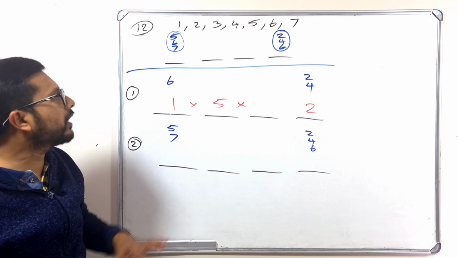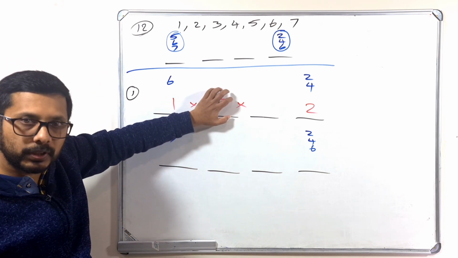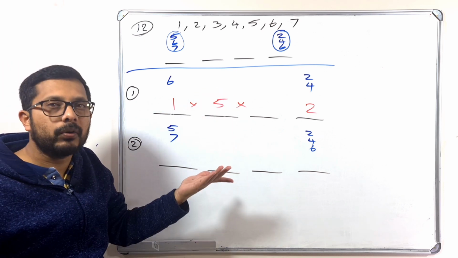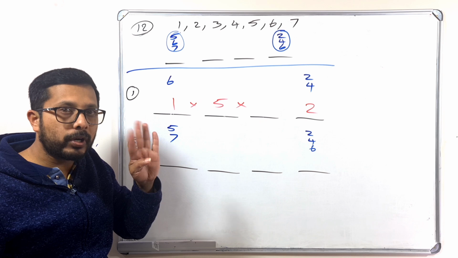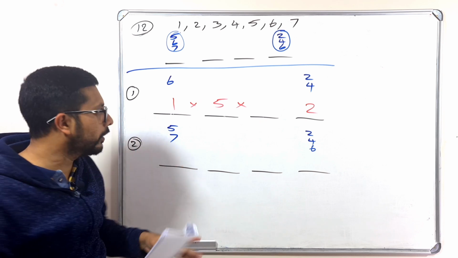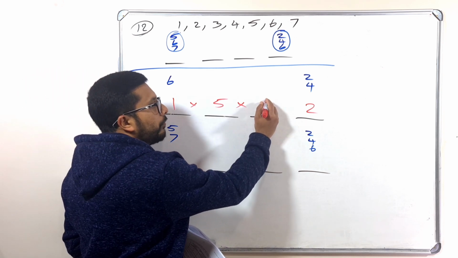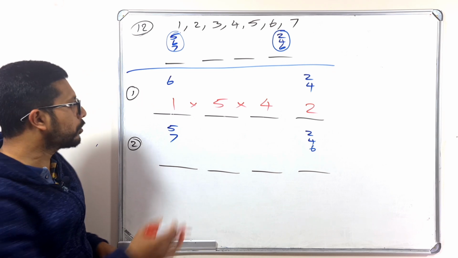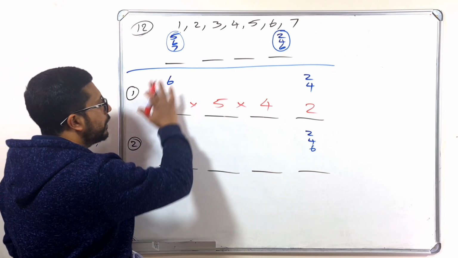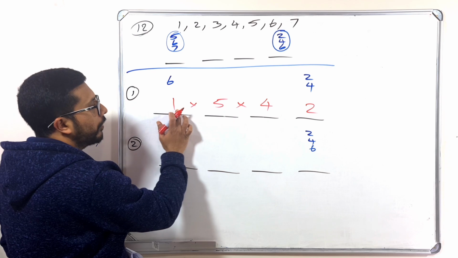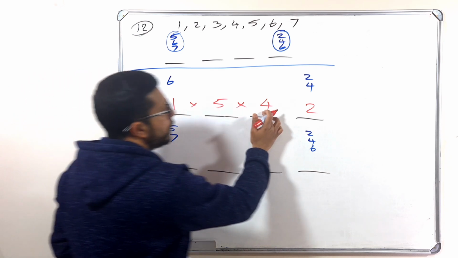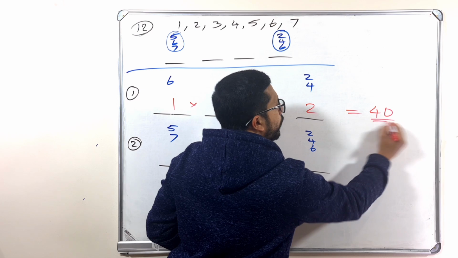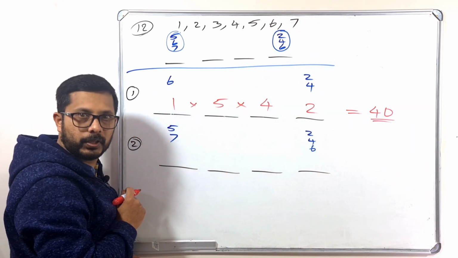So assume that I choose any one number here also. So now how many options I have? The remaining only 4 numbers. That means for this position to be filled, I have only 4 options. So total how many options in this case number 1? 1 times 5 times 4, 20, 20 times 2. Total is 40 options.